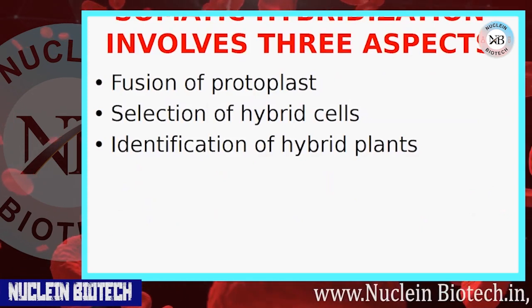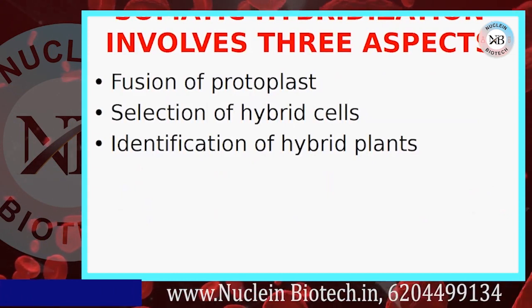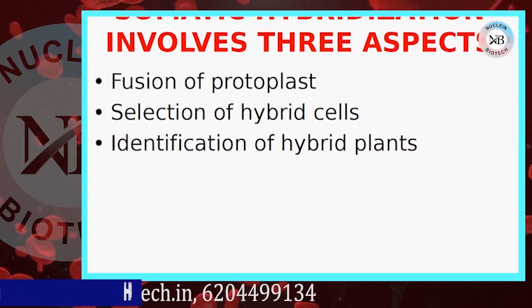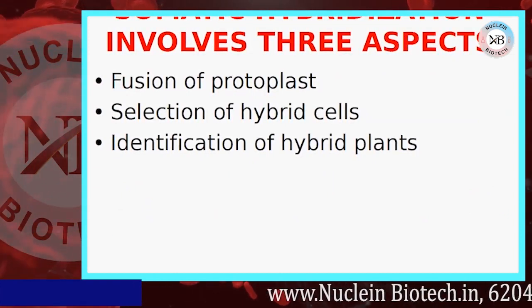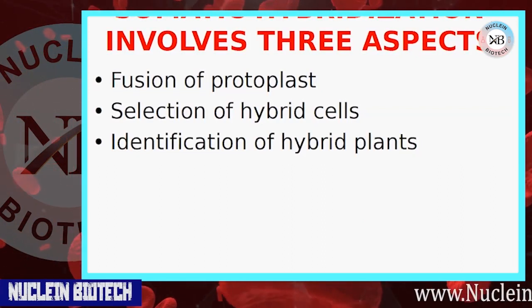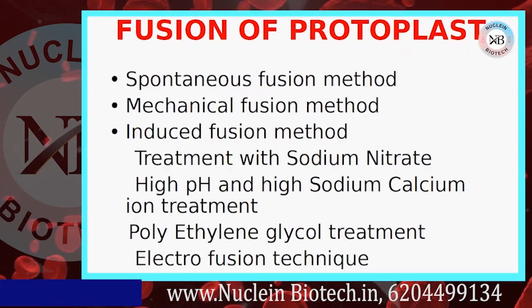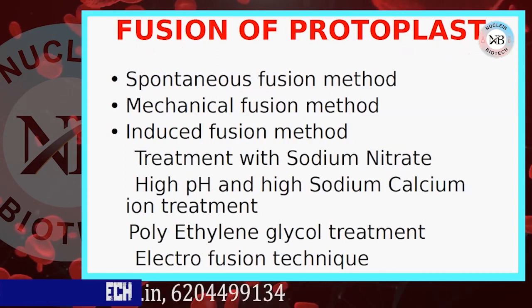Now move on to the steps involved in this process. There are 3 steps. First one is the fusion of protoplast, second one is the selection of hybrid cell, and third one is the identification of hybrid cell. Let's start with the fusion of protoplast.